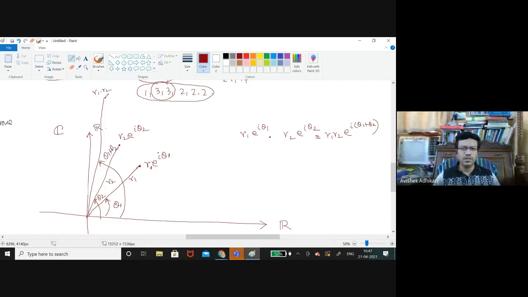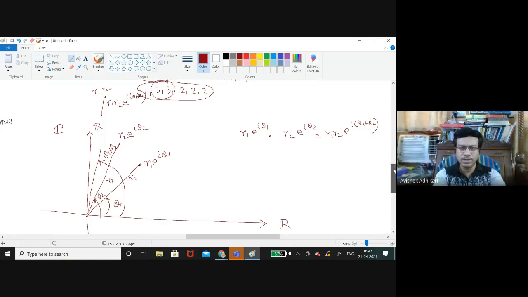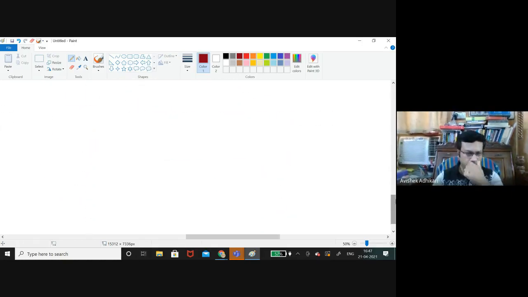So now this point stands for r1 r2 e to the power i, theta 1 plus theta 2. Is this representation clear to all of you? I think you have already done this kind of representation in complex analysis. Okay, now suppose, again I am coming here.